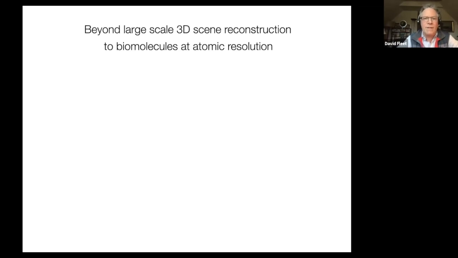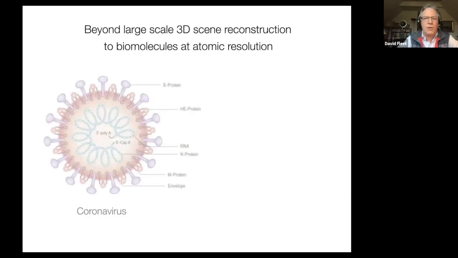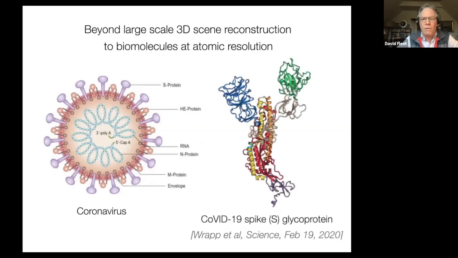And so that is essentially the goal. And as I've talked about earlier, this is a cartoon of the coronavirus, and this on the right is the spike glycoprotein, or the S protein of the coronavirus, and that is key because that's the part of the coronavirus which is in these purple spikes, which actually attaches to proteins on human cells.